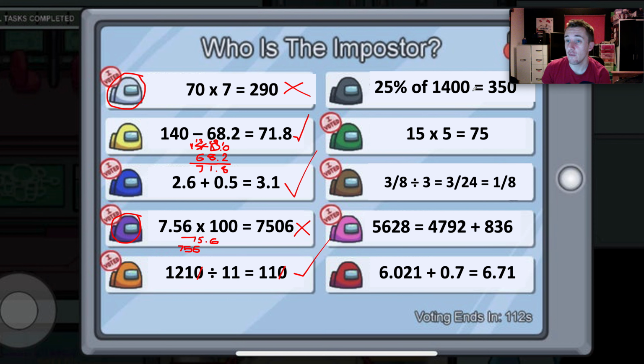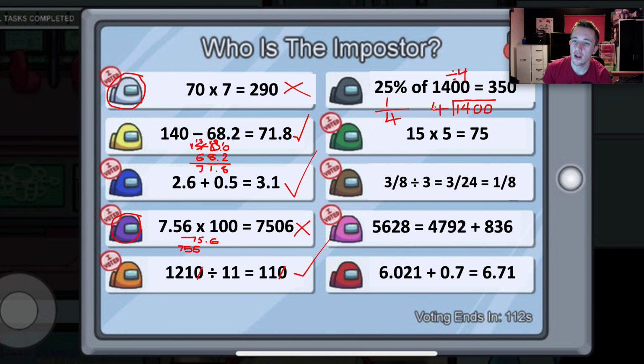Okay, this one here we should be able to do. 25% of 1,400 equals 350. Well, we know 25% is the same as a quarter. We therefore know we need to divide by 4. So we're going to do 1,400 divided by 4. If we do that, bus stop. I'm trying to draw this with my mouse. It takes a while, apologies.